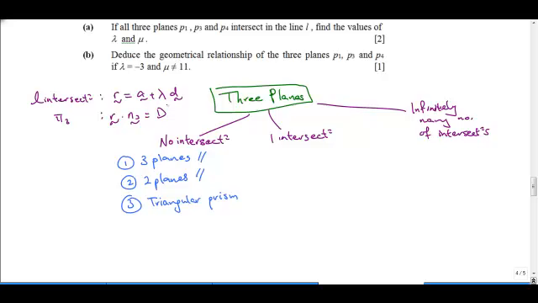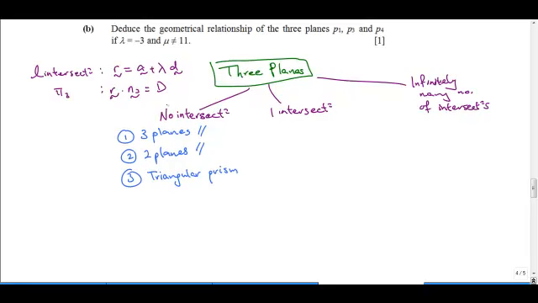So for the three planes to have no intersection at all, we need the line of intersection, which contains all the common points between the first two planes, to not intersect the third plane at all.